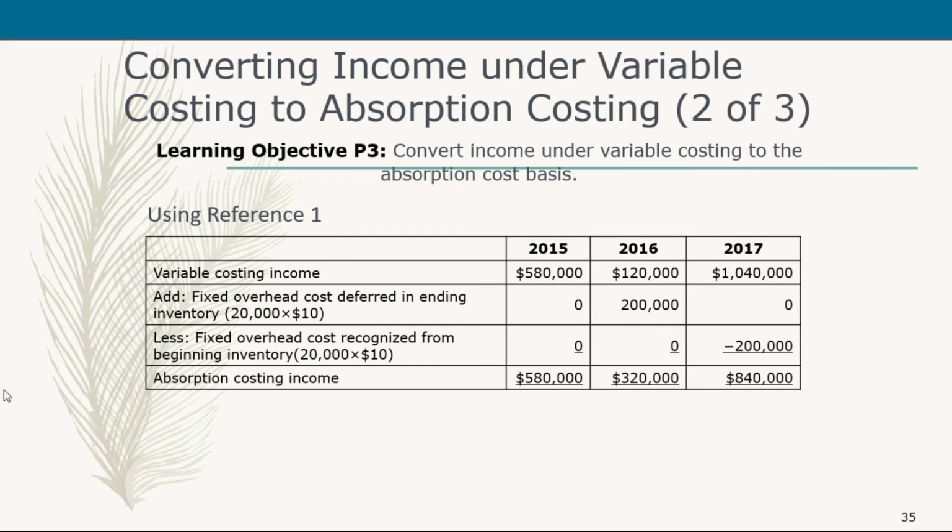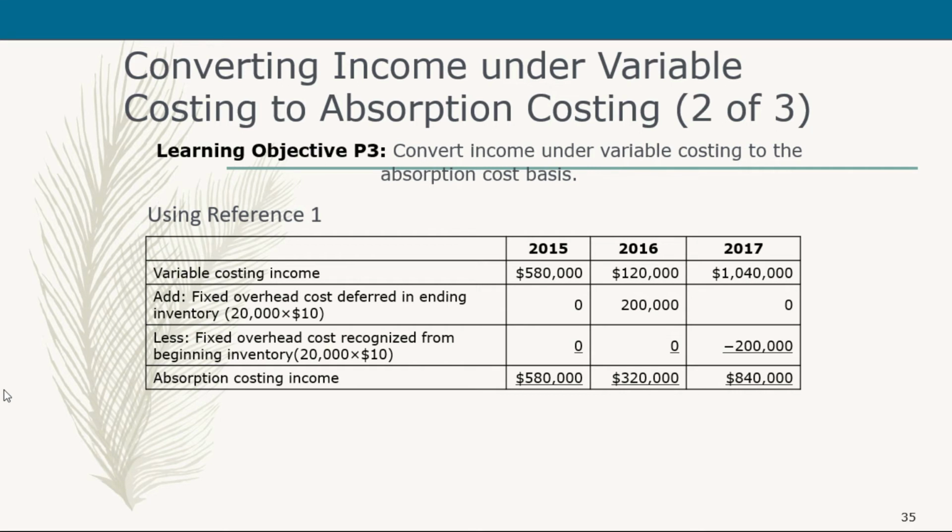Okay? And then in 2017, we have an excess of your units sold versus units produced. It is the inverse of 2016. So what happened? We didn't have any more deferred cost pertaining to your fixed overhead at the ending inventory, since there is no ending inventory.